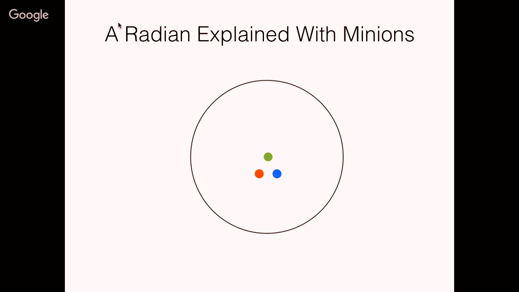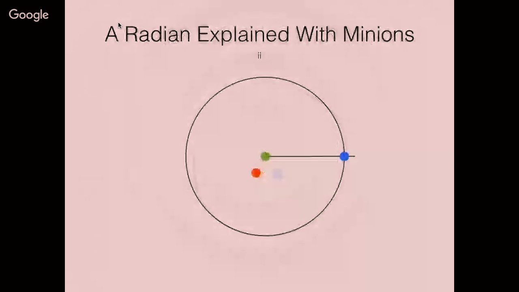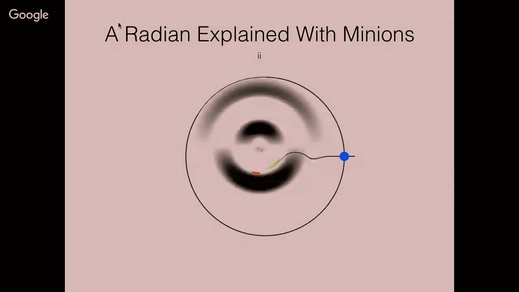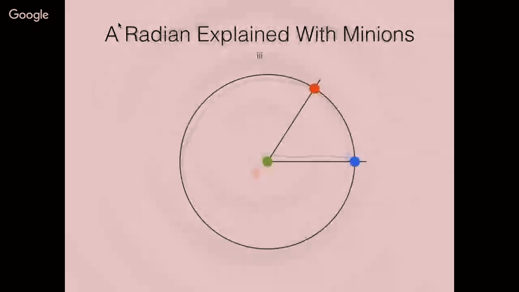And I send Mr. Blue out to the edge of the circle, and then I say to Mr. Red, I'd like you to follow Mr. Blue out to the edge of the circle, and then walk exactly 1 furlong round the edge of the circle. So you go 1 to the edge, and 1 round the perimeter, and that gives you exactly a radian, which seems like a not stupid thing. It seems to have a kind of completeness to it, which is nice.